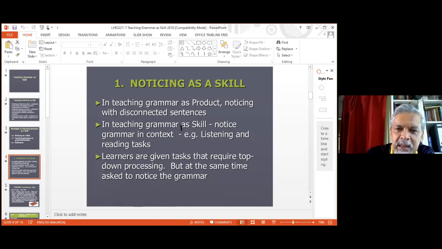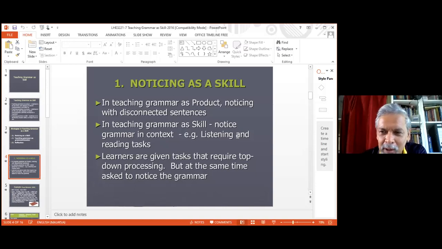But in teaching grammar as skill, noticing is grammar in context. That means you have to notice as you listen to a text, if it's listening, that is not controlled by the teacher. So they have to notice on their own. We are not manipulating or modifying the text so that there are more past tense forms because we want to teach past tense forms.